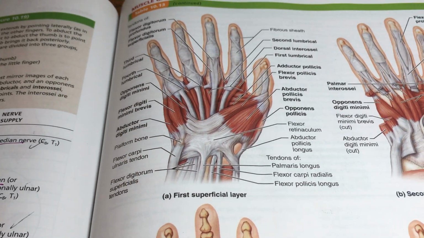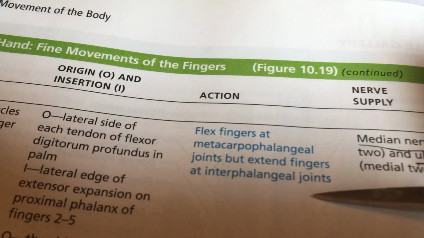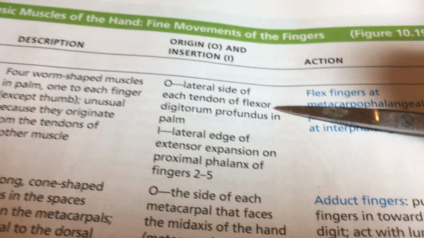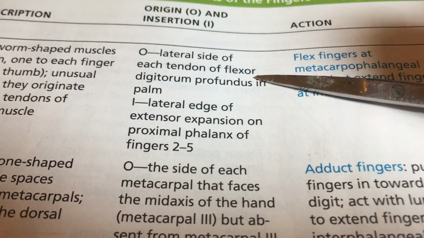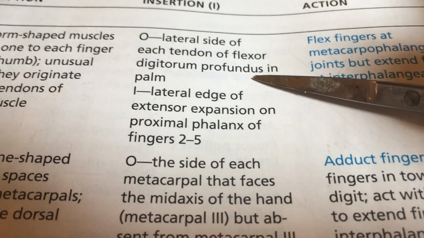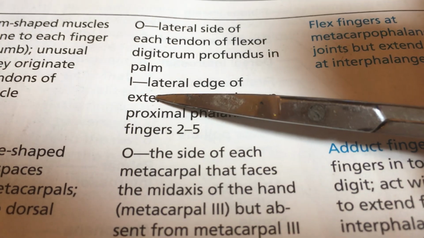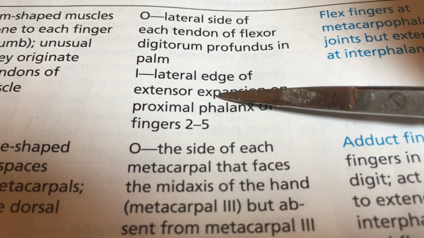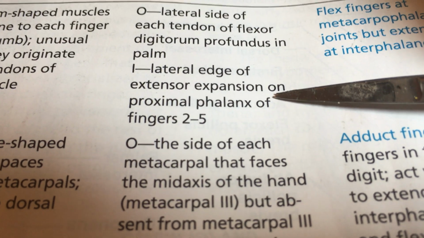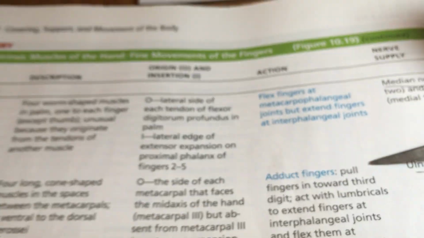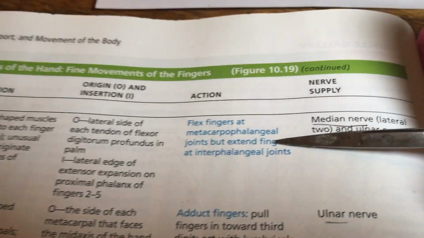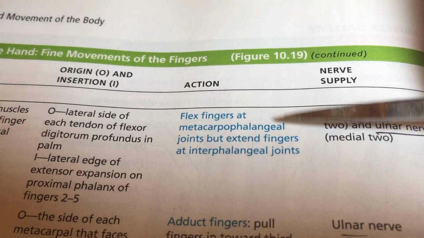Let's look at that in print. Okay, so here we have lumbricals, and here we have origin. Origin is on the tendon of the flexor digitorum profundus. Insertion is on the extensor expansion. Now, what does that look like when you flex the MP joint?